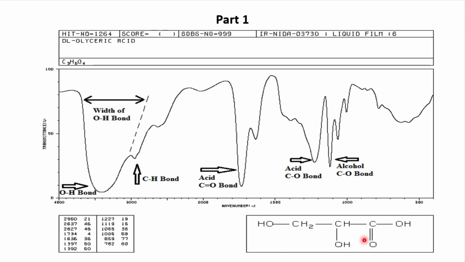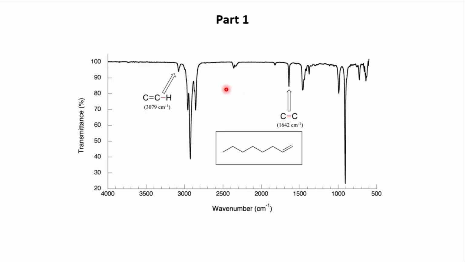Then we have the OH group here, and the OH group there. You see how broad it is. So the OH groups are absorbed in this region, and then you can have our CH group somewhere here as well. So you need to learn how to read certain functional groups in the IR spectrum.